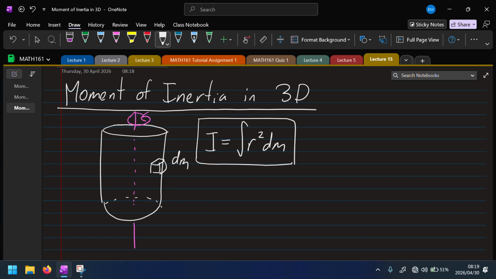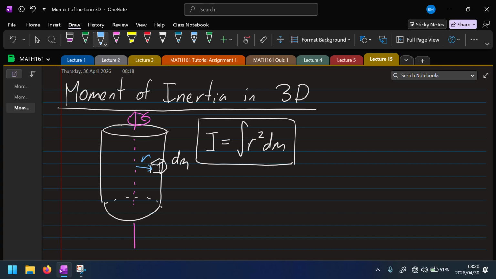This little cube dm is going to be some distance r from the axis, and it's going to go around the axis, like we had before. So this dm over here, that's this little dm over there. We're going to do this for all of the little mass pieces, integrate it up, and that will be the moment of inertia.